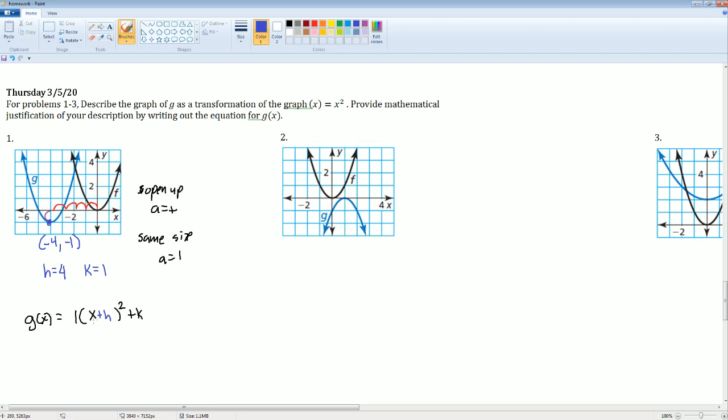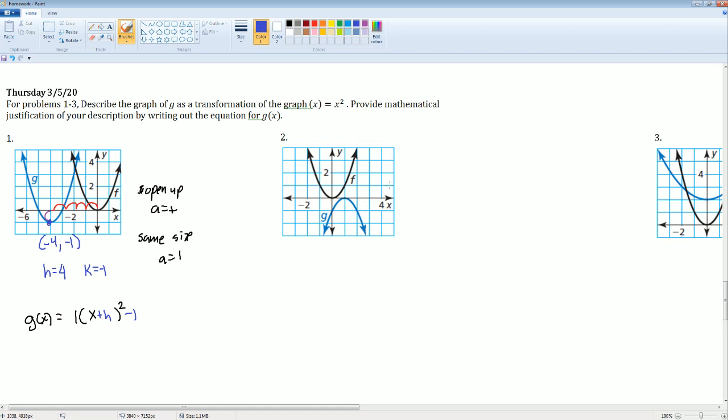That's what I mean. And the k is -1. Oh, this is a -1. So this has to be -1.